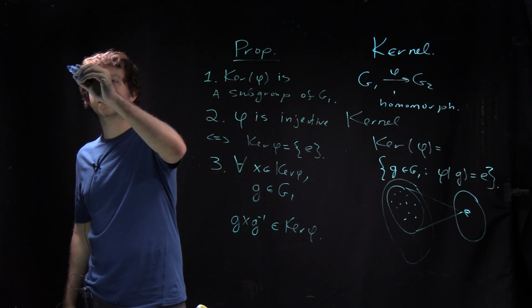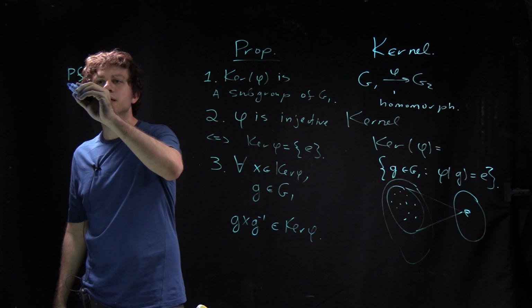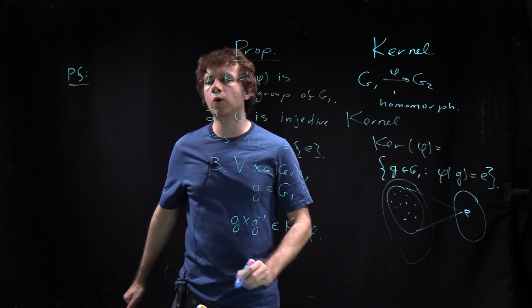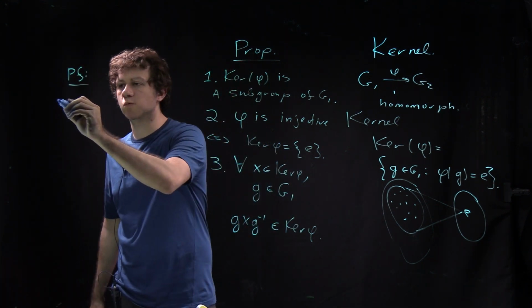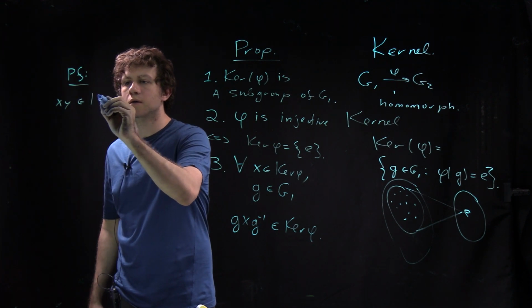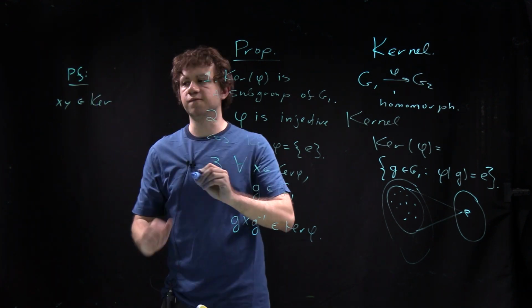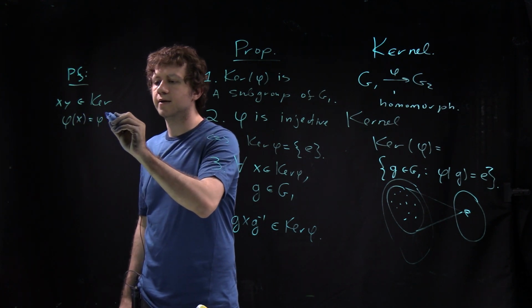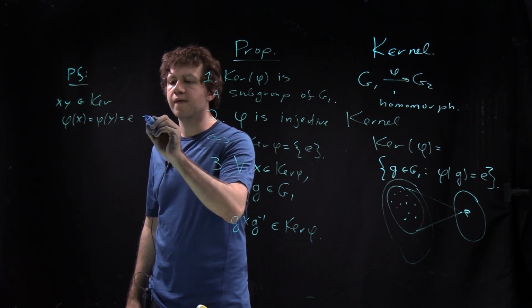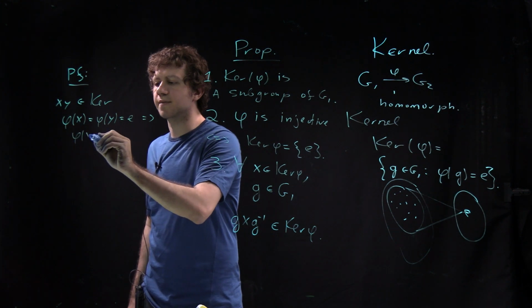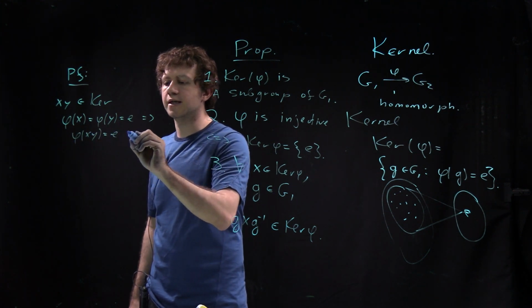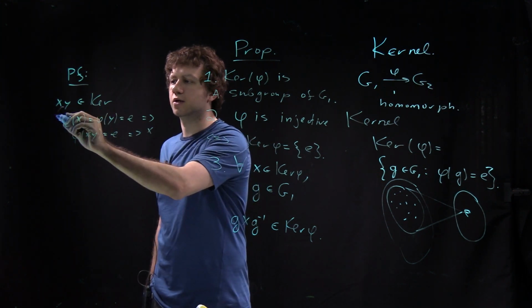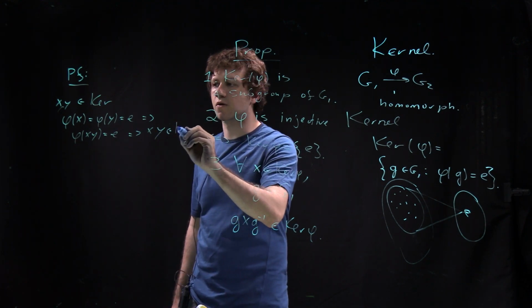The proof is completely straightforward. Part one: imagine I have two elements x, y in the kernel. Then phi of x is equal to phi of y is equal to the identity, so phi of x times y is also equal to the identity. So x, y, and xy are inside the kernel.